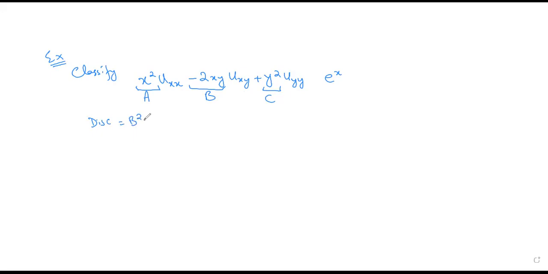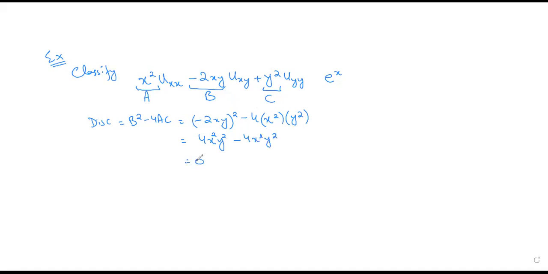So the discriminant is b square minus 4ac. You'll have minus 2x into y whole square minus 4a, where the value of a is x square and c is y square. So you will have 4x square into y square minus 4x square into y square.